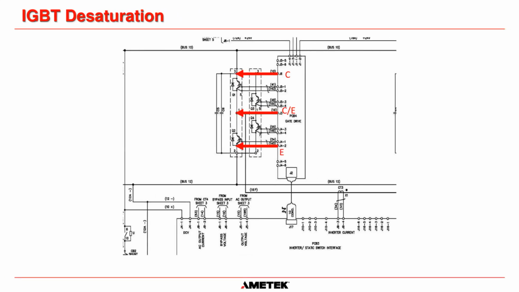So it's monitoring the collector and the emitter for these two IGBTs here, which would be called the top IGBTs, and then it's measuring the collector and the emitter for these two IGBTs here. If either of those go above 9 volts, then it switches off the gate to both of those IGBTs and gives you a desaturation alarm.